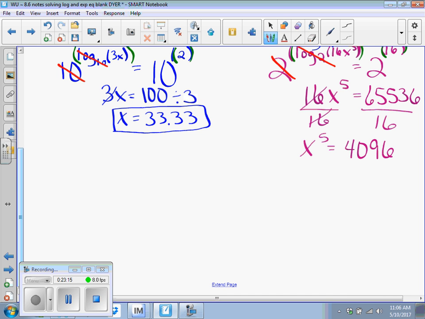The 5th root. Take the 5th root of both sides. Since I'm taking an odd root, do I need to do plus or minus? No. Odd roots, you do not do plus or minus. So x equals 5.28.